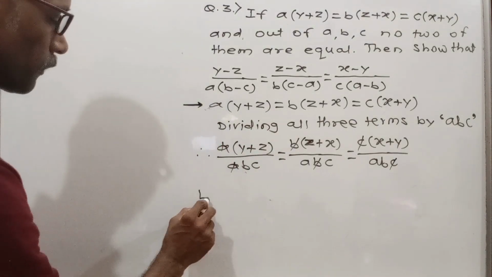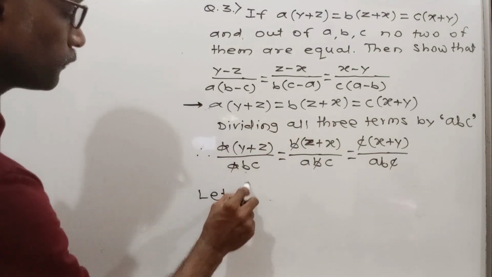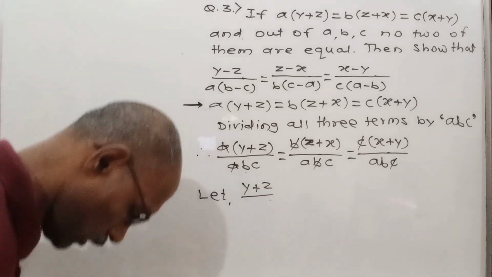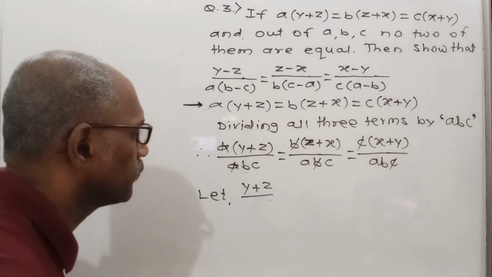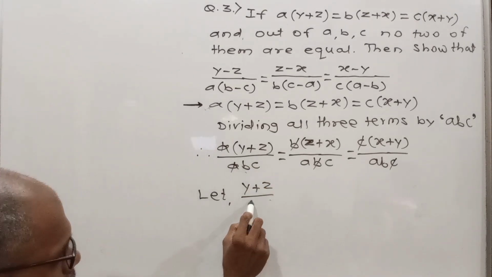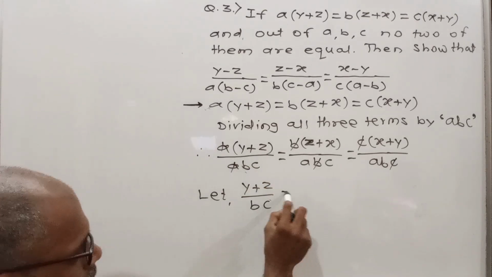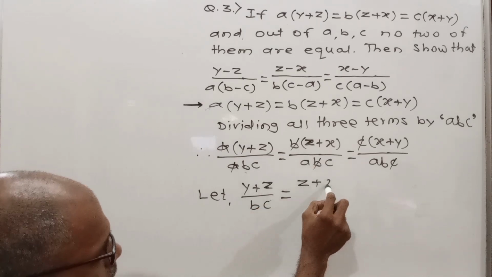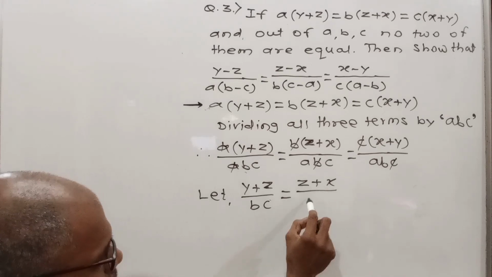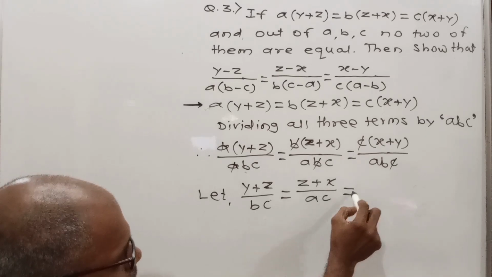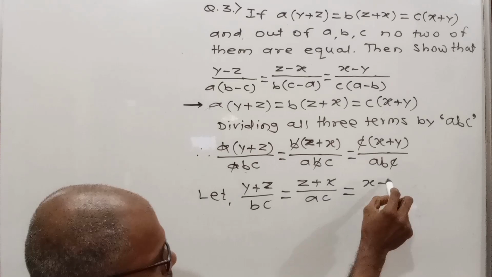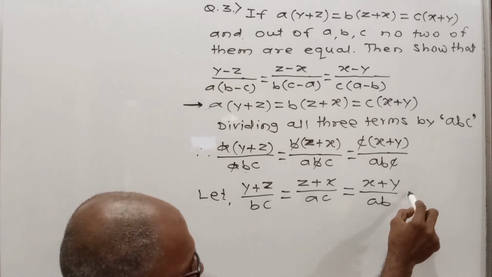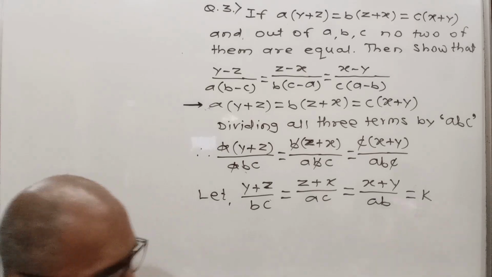Now therefore (y + z)/bc = (z + x)/ac = (x + y)/ab = k.